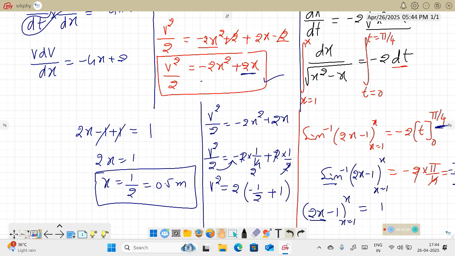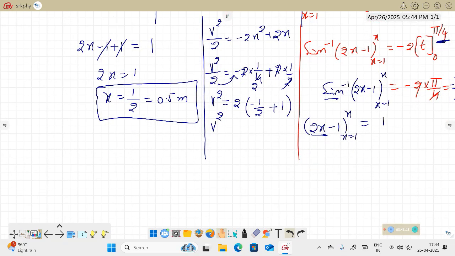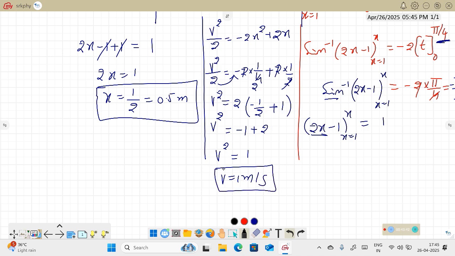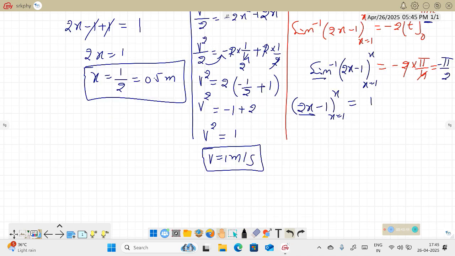So again multiply inside, what are you going to get? v square is equal to, the 2 cancels, minus 1, 2 into 1 is 2, so minus 1 plus 2. So v square is equal to how much did you get? That is equal to 1. So v is equal to 1 meter per second. So velocity we got is 1 meter per second.